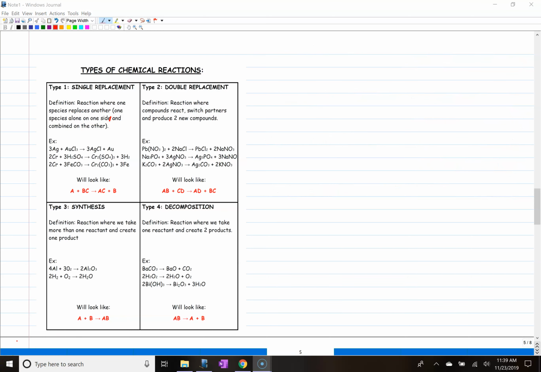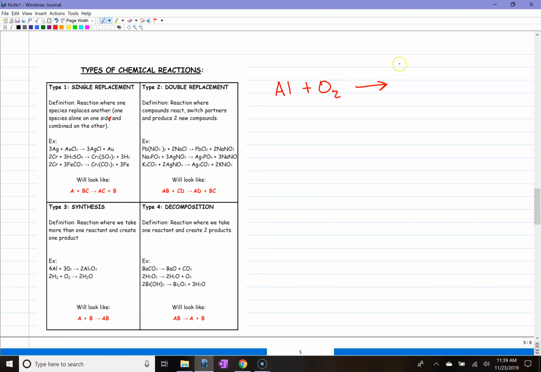In the third type of reaction, we have a synthesis reaction. A synthesis reaction is where we're going to take more than one reactant and we're going to create one product. So, for instance, A plus B is going to yield AB. If I have aluminum plus oxygen, they're going to combine to form aluminum oxide.